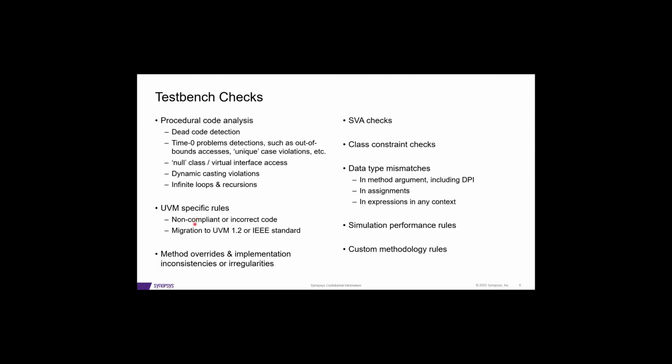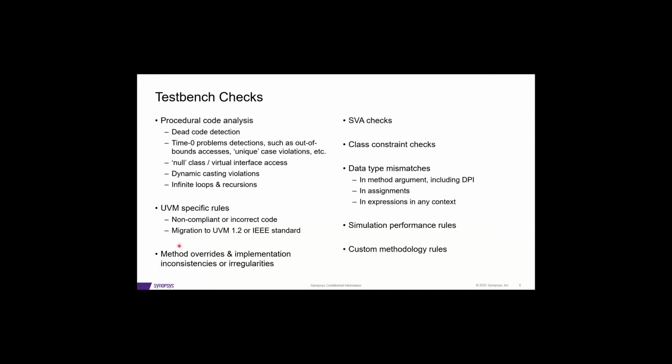UVM being a complex methodology with a lot of macros, classes, and APIs, having specific UVM rules that can be checked while we write code can also help greatly in correcting non-compliant or incorrect code.